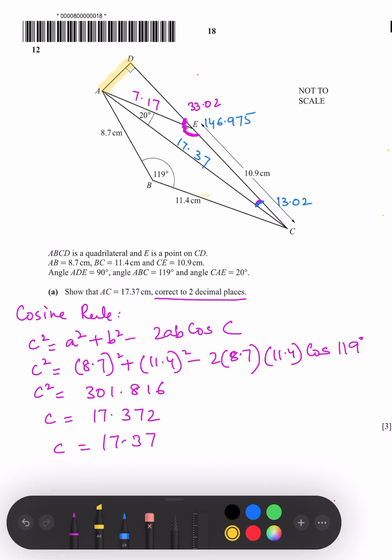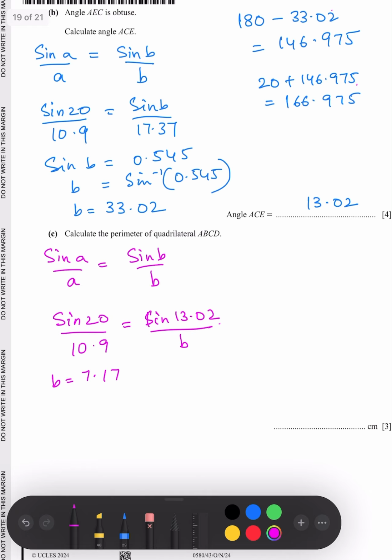As you see, this is a right angle triangle, and we can calculate this side by a trigonometric ratio. This angle is there, so this side is opposite, and this is the hypotenuse. So we can apply sine theta is equal to opposite over hypotenuse.